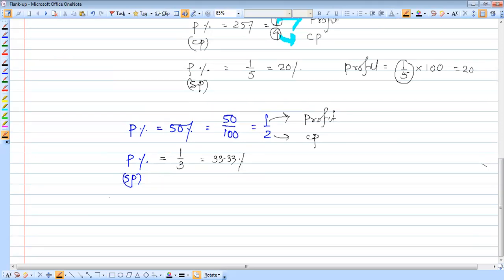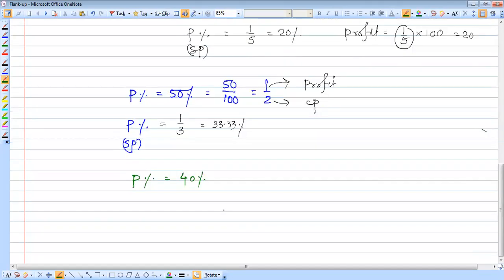Take one more example for your convenience. Profit percentage is 40%. Question is, find out the profit percentage on the selling price. What is this? This means 2 by 5.